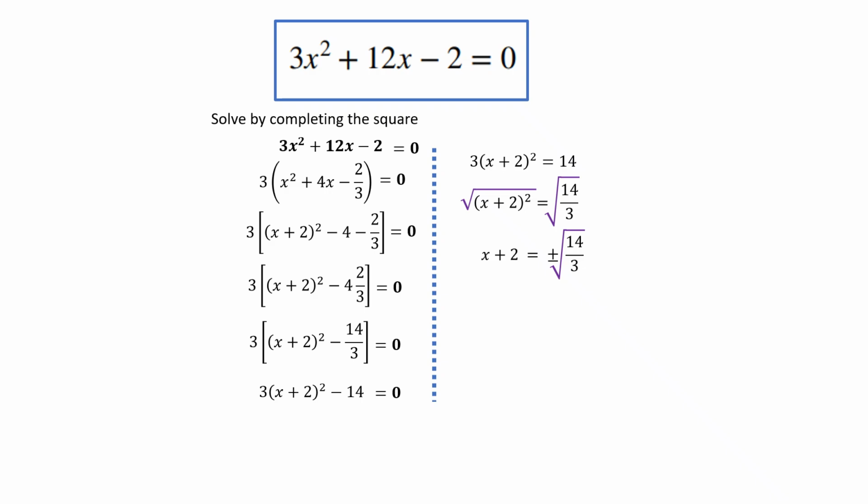That means you'll have x equal root 14 over 3 minus 2, or minus root 14 over 3 minus 2, and that's your solution. And that's it. It's a lot, isn't it? But we need to know it.